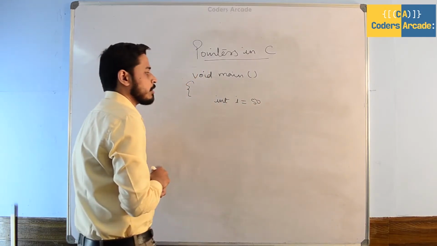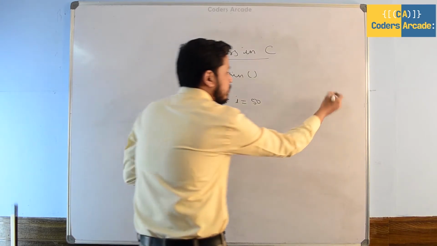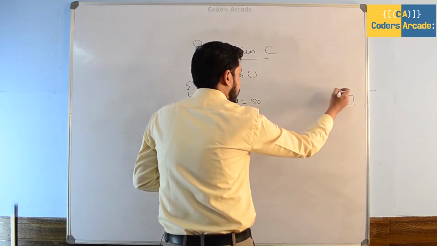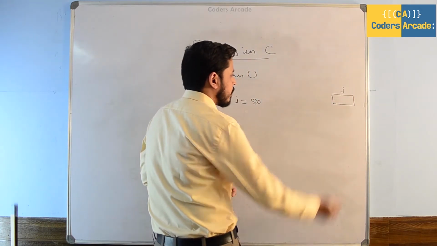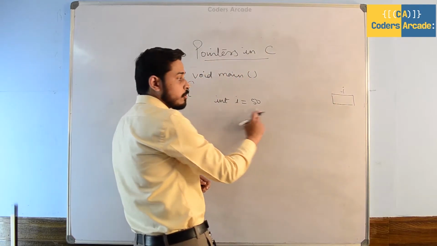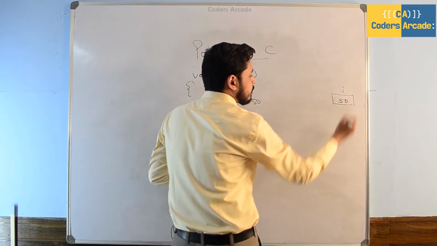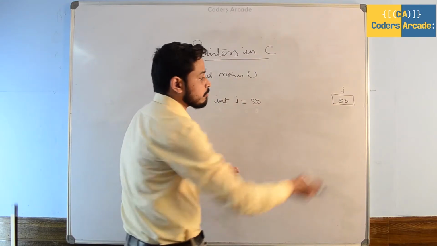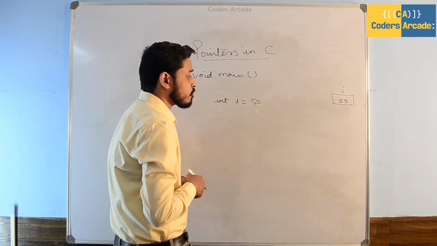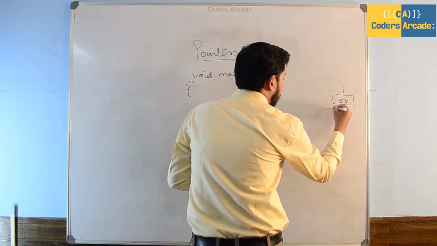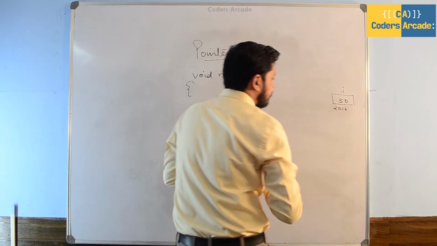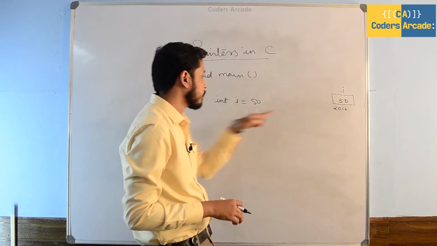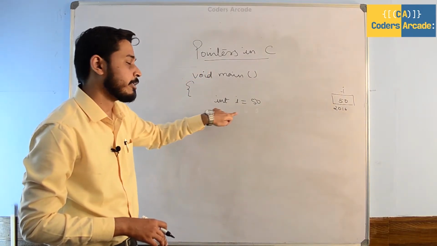When I declare a variable, the computer will allocate one memory location here. The name of this memory will be i, the value of i is 50, and there will be some memory address for this particular memory location. Suppose 2016 is the address for this declaration of i equals to 50.